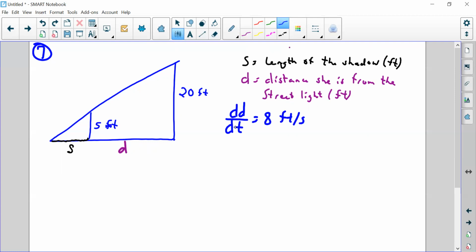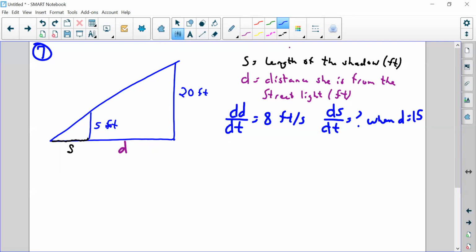And then we want to find out what is the rate of change of the length of the shadow. So we're looking for dS/dt. And when do we want to find that? We want to find that when she is 15 feet from the street light. So that means when D equals 15.